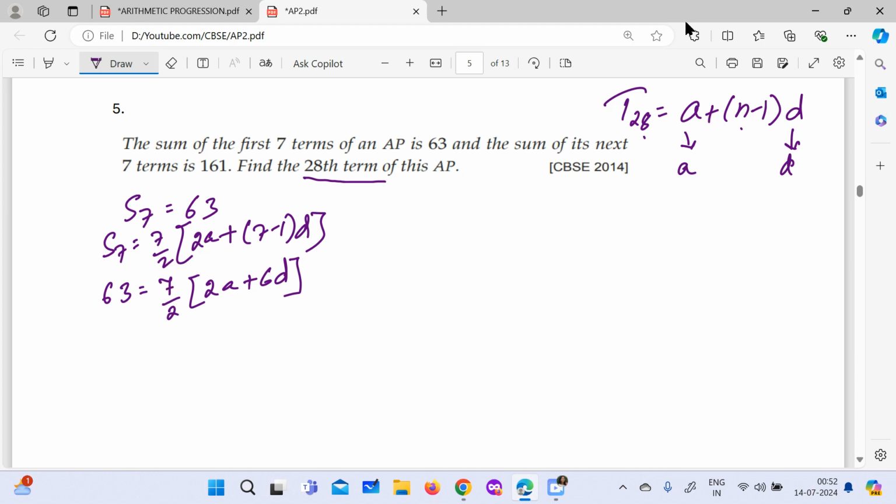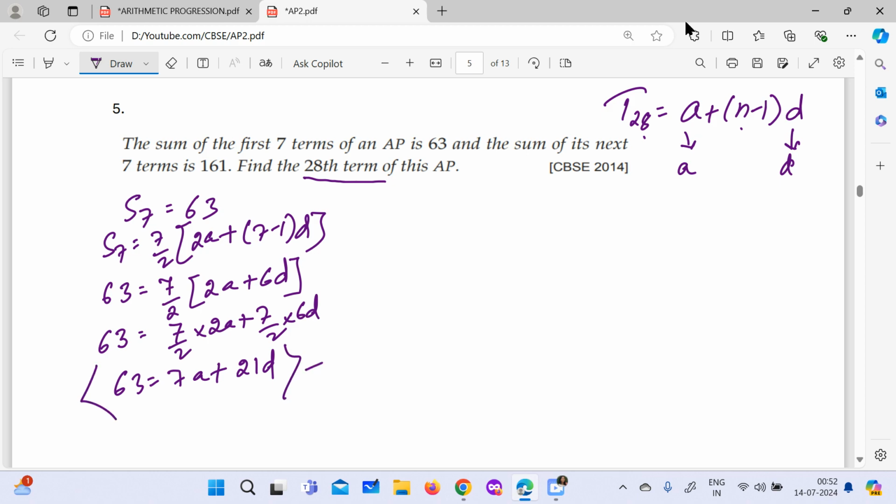Okay, and now we can work on this. So 63 equals 7 over 2 times 2a plus 7 over 2 times 6d. 63 equals 7a plus 21d. We can also reduce this a little more by dividing throughout by 7. So you get 9 equals a plus 3d. Yes, now this equation looks a little more simple.